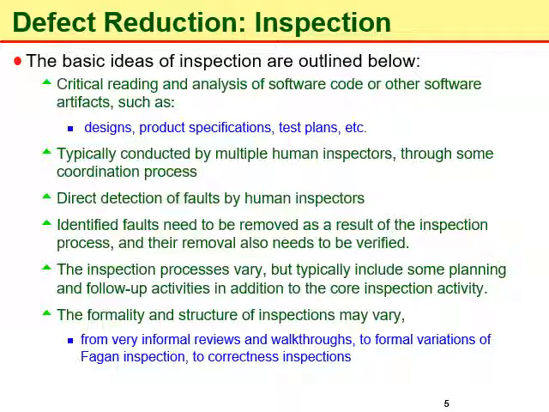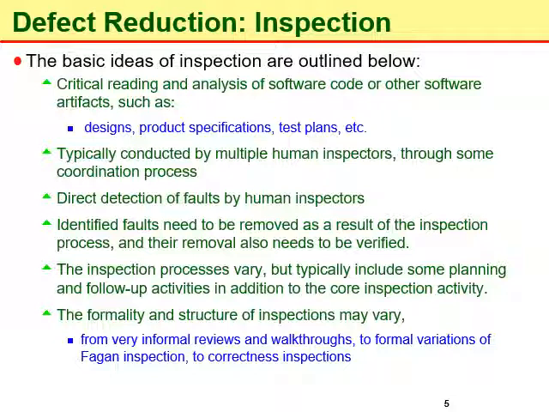Then the faults are detected directly in the inspection process by the human inspectors, either during their individual inspections or various types of group sessions.